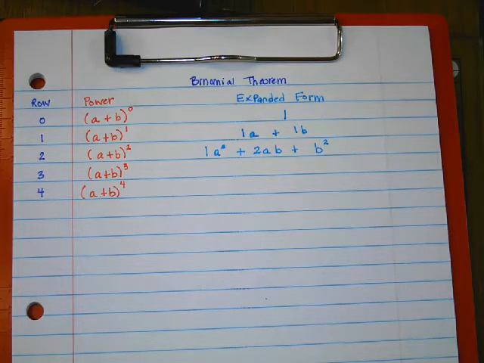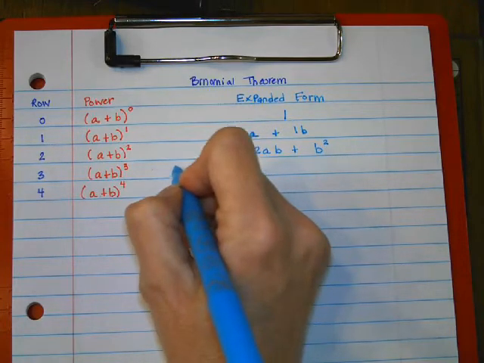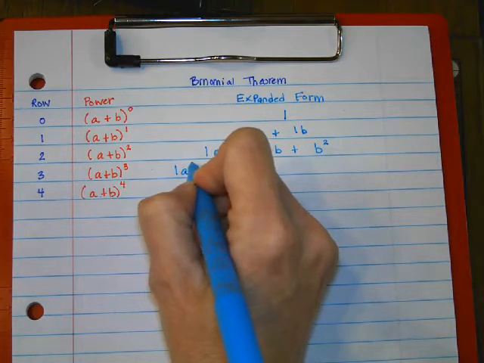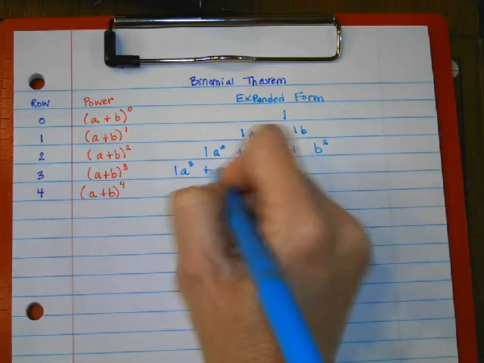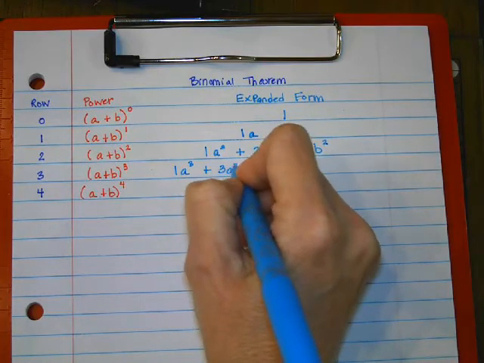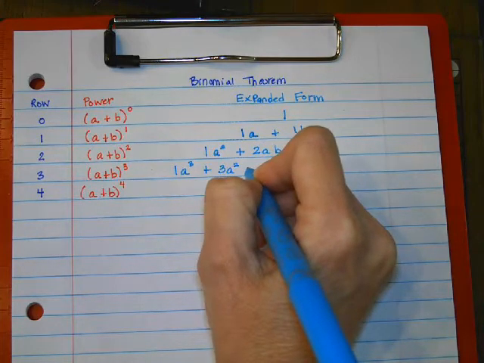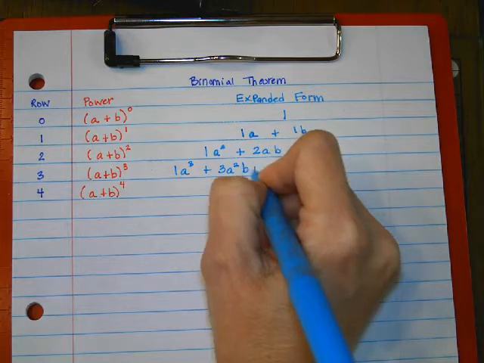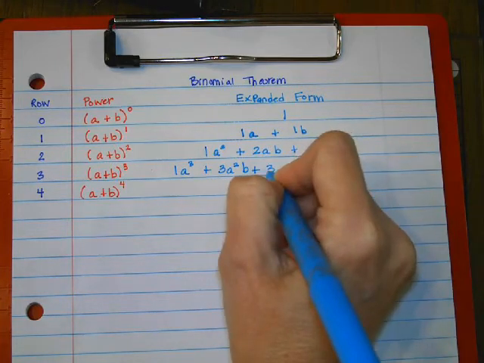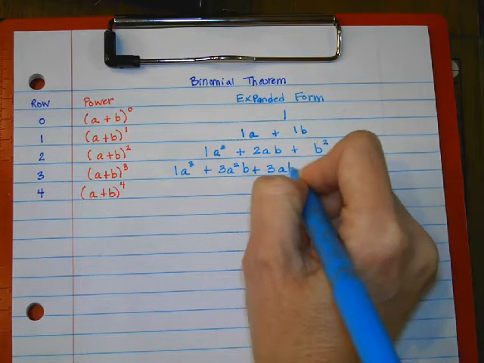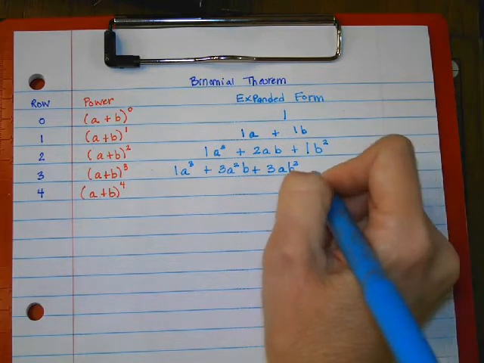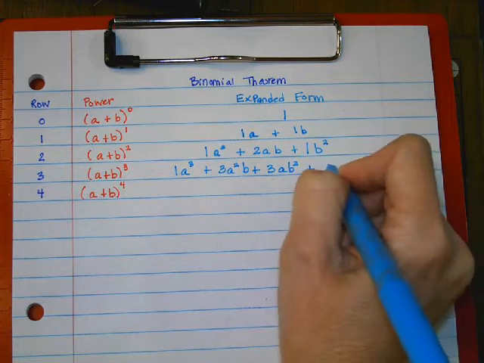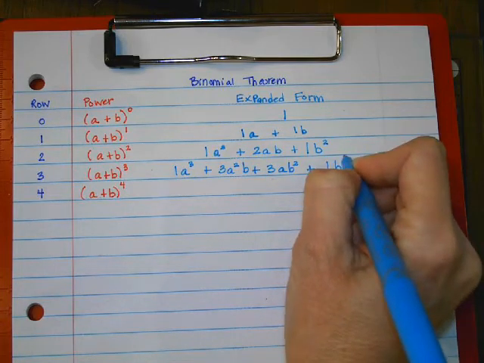We're going to have 1 times a to the third power plus 3 times a squared b plus 3 times a times b squared, that one up there, and then plus 1 times b to the third power.